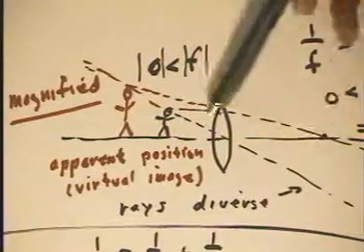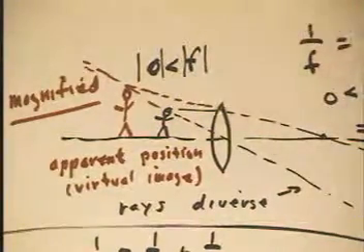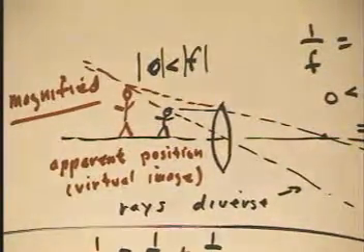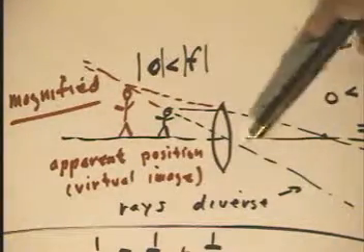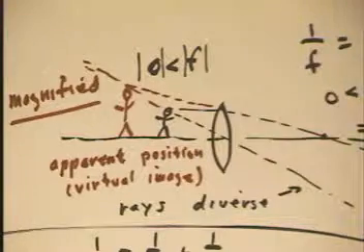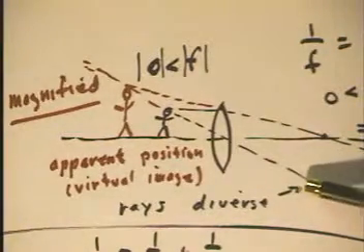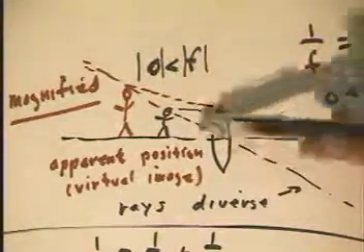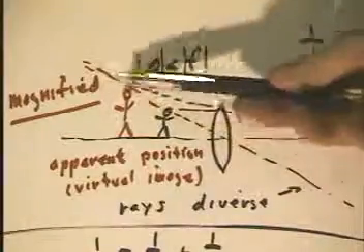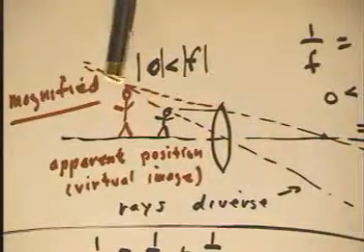In other words, the angle here is going to be smaller than the angle here, and it's going to follow that this ray is steeper than this ray, which means that they're never going to converge out here. They're just going to keep getting further and further apart. So where do the rays converge? Well, if you extend the rays back here, and of course you don't really have actual light rays, the rays converge at this point.